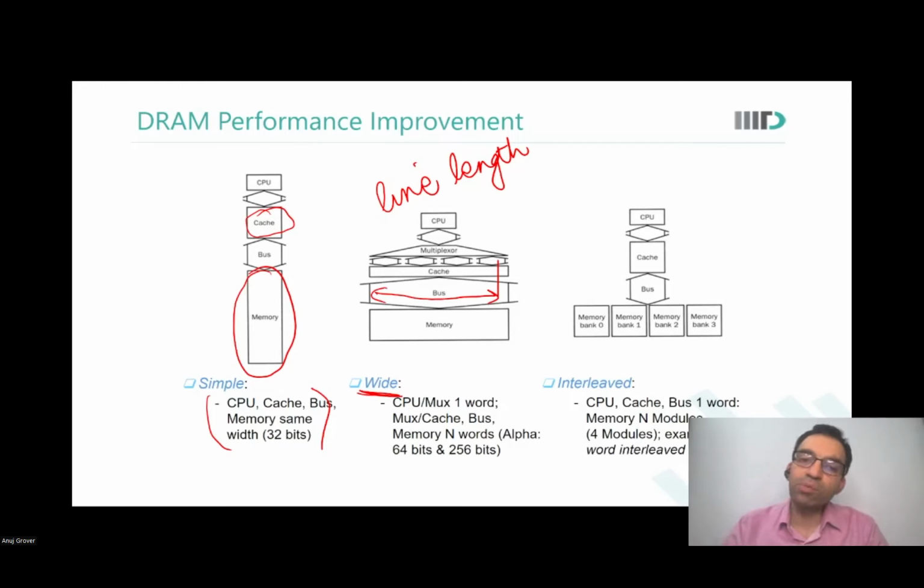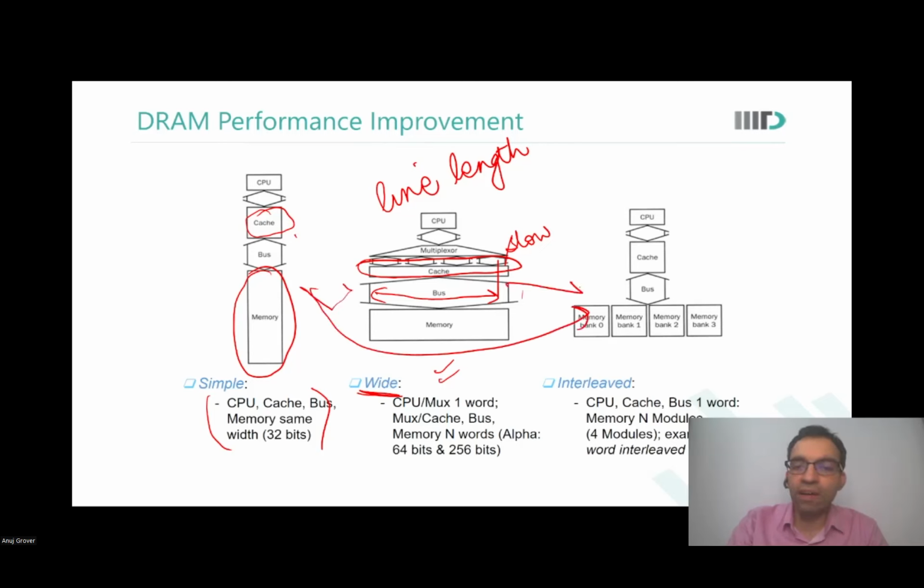The problem with this approach is that your L1 cache has also become very wide, so it starts to become slow. Whereas the purpose of putting the cache in between was that the CPU should be able to get data much faster. So this is not really the best way to design. The best would be if I could mix both of these and arrive at what we call an interleaved design.